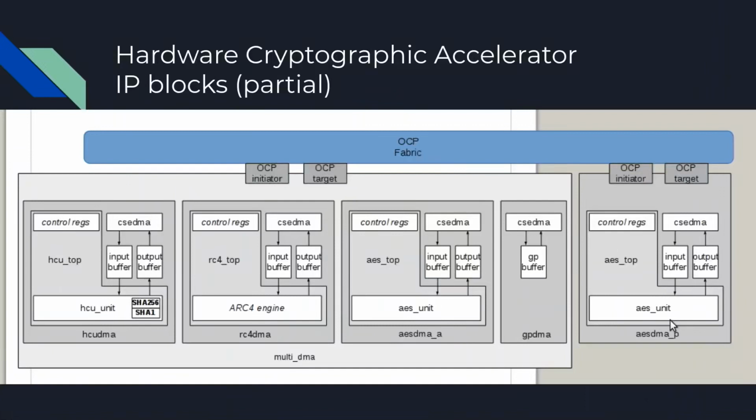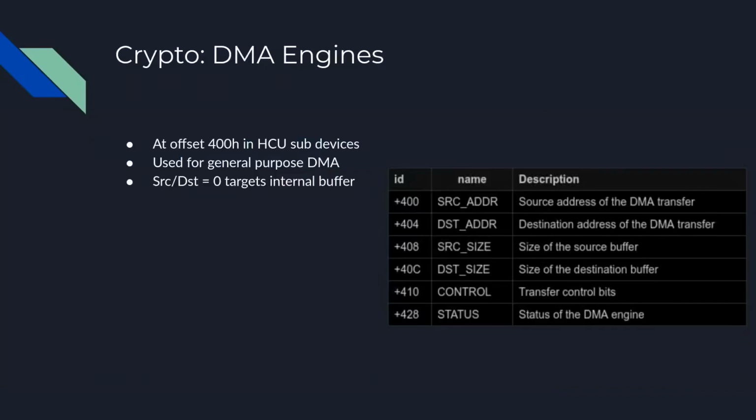So this is basically what that crypto engine looks like when you look at that signal tree that I was talking about earlier. The DMA engines are both able to do memory-to-memory copies and to directly target the crypto unit they're part of. Basically, I don't know about the control bits that go with this, but when you set the target address to 0 and the right control bits, it will copy into the buffer that's used for the encryption.